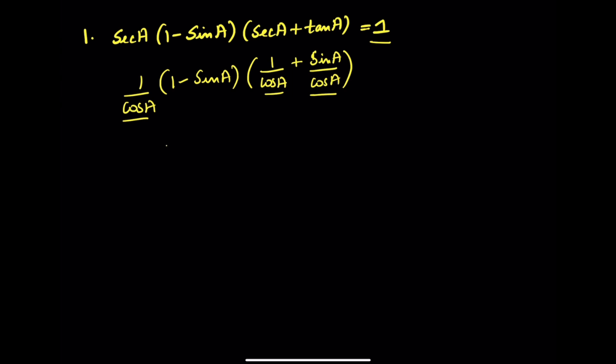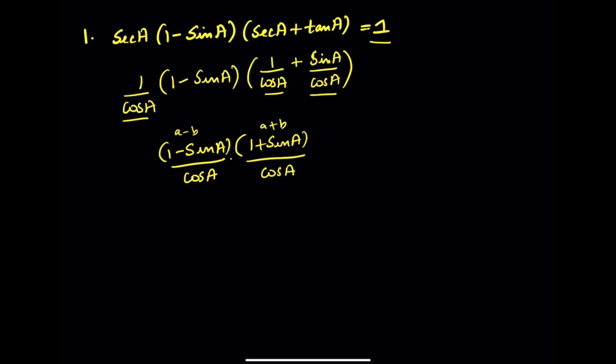So this can be written as 1 minus sin A by cos A times 1 plus sin A divided by cos A. Now this is of the form A minus B, A plus B. So it can be further changed to 1 minus sin square A divided by cos square A. Now we know that cos square A plus sin square A is equal to 1.